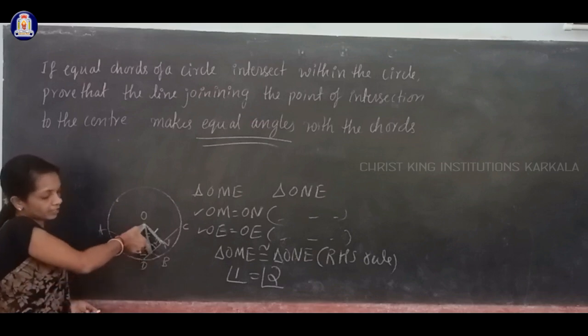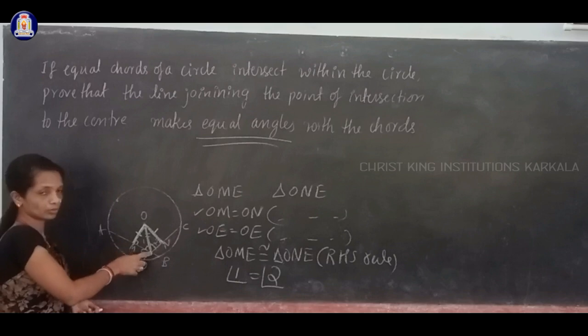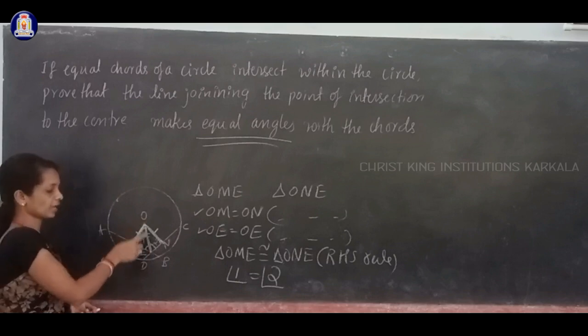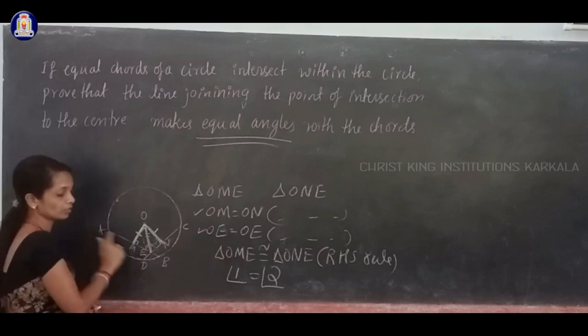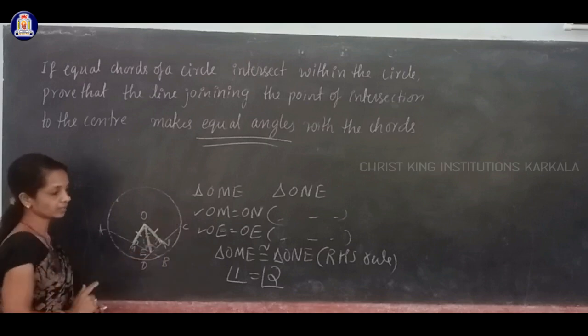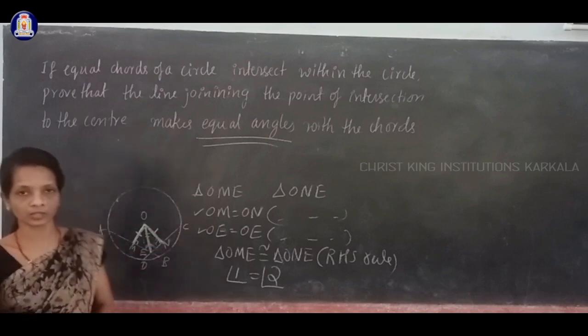This is the line segment joining the point of intersection with the center, and we proved here that it makes equal angles 1 and 2 with the chords AB and CD. Okay, so this is about this problem.